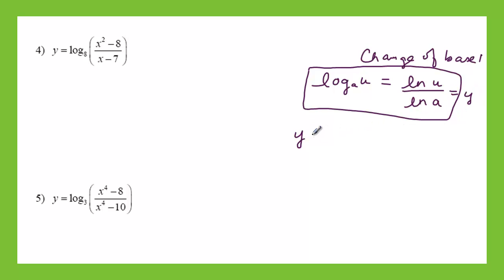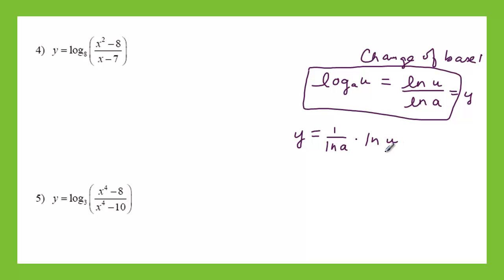When we go to take the derivative of this, first of all, since natural log of a is just a number, I'm going to rewrite this as 1 over natural log of a times natural log of u.